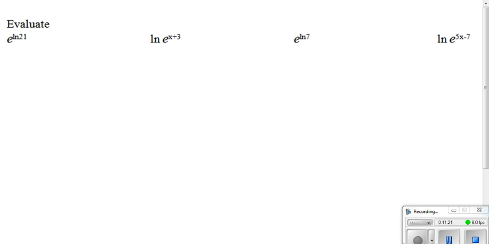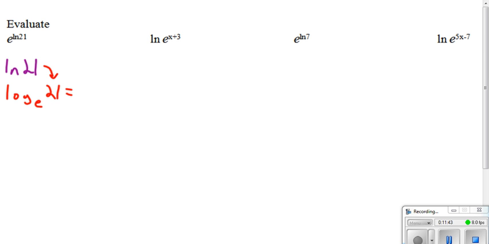Perfect. Now moving on. If we want to evaluate what each of these things mean, first off, let's look at this little piece up here, this ln 21. What exactly is that saying? Well, it means that the log base e of 21 is some number. These are the same thing.